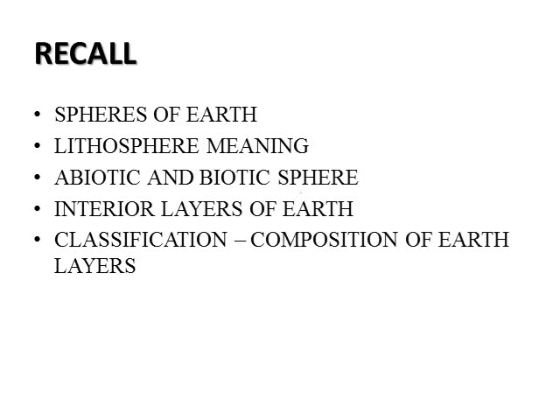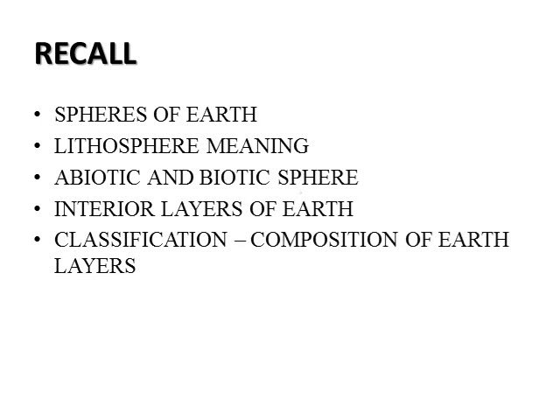So what we have discussed in our previous class? Yeah, we saw about the different spheres of earth and also the layers of earth. So what are the four spheres of earth? Hydrosphere, atmosphere, lithosphere and biosphere.